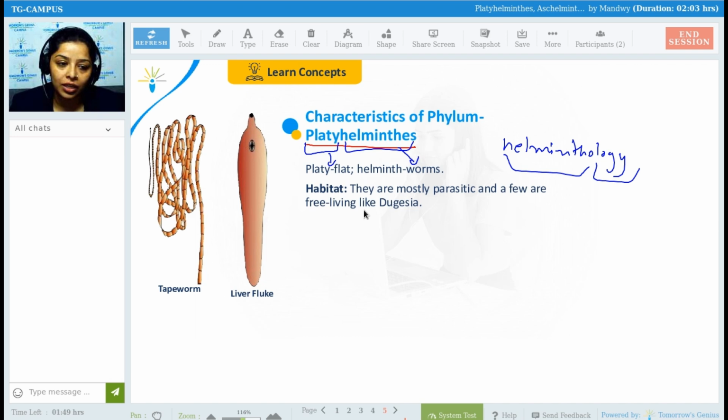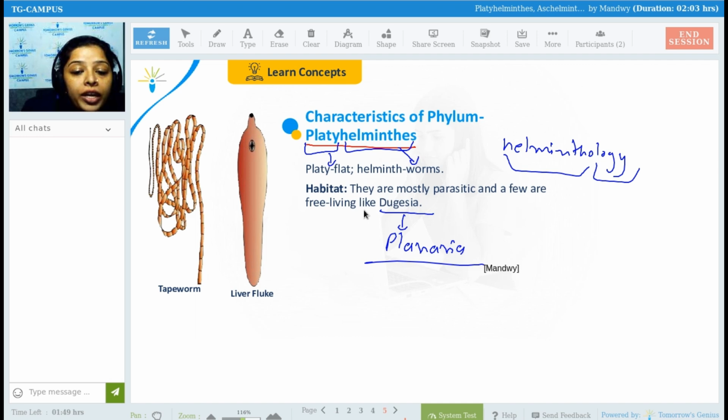Most of them are parasitic. Some of them are free living organisms, and Bugacia, that is planaria, is a free living organism. Apart from that, most of the Platyhelminthes are parasitic. Okay, clear?